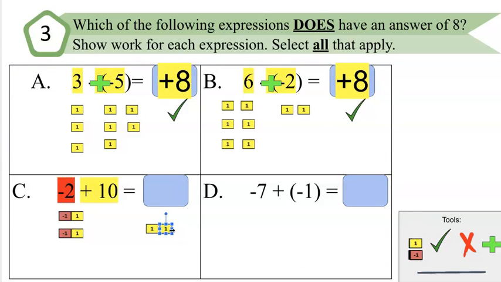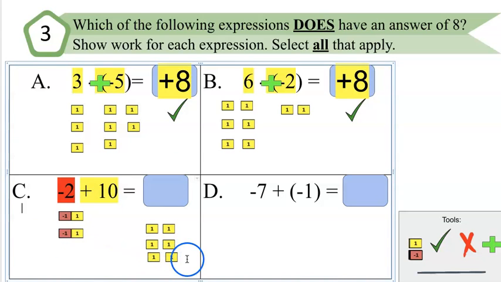Let's just say 1, 2, 3, 4, 5, 6, 7, and 8. So what I did here is I paired them up right away so I can see my zero pairs.